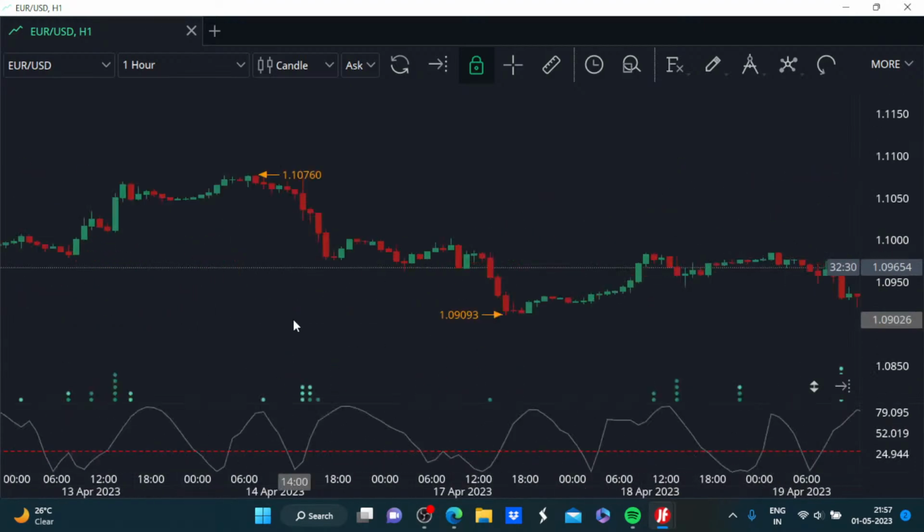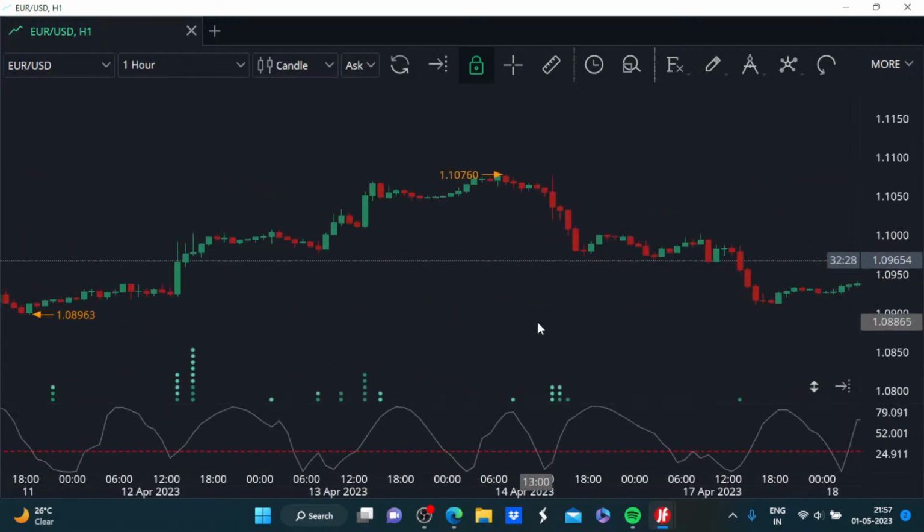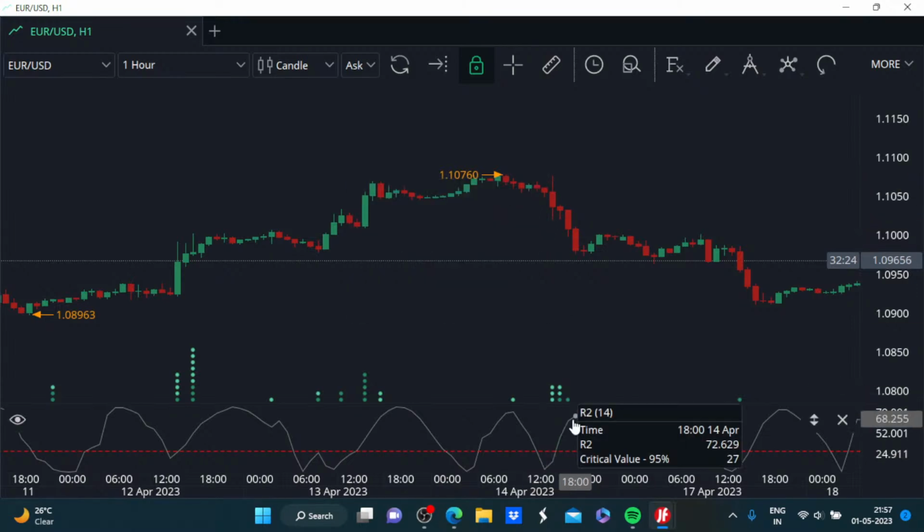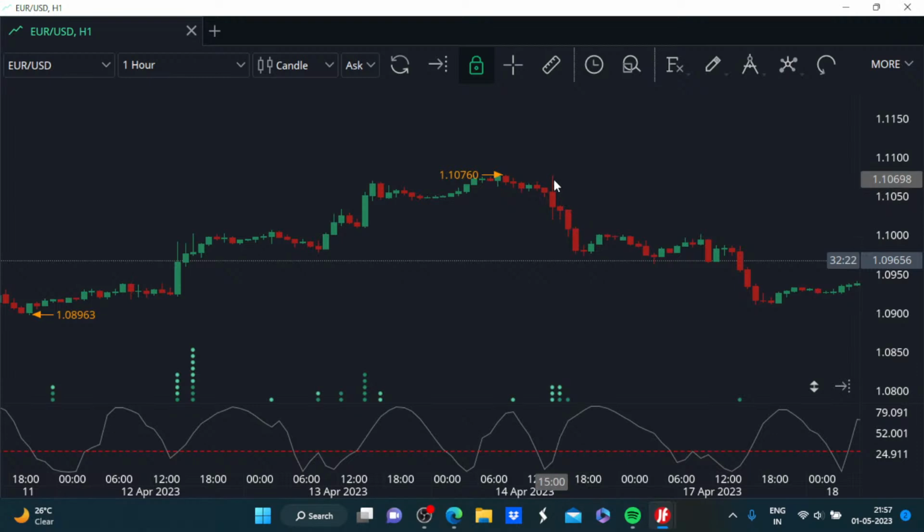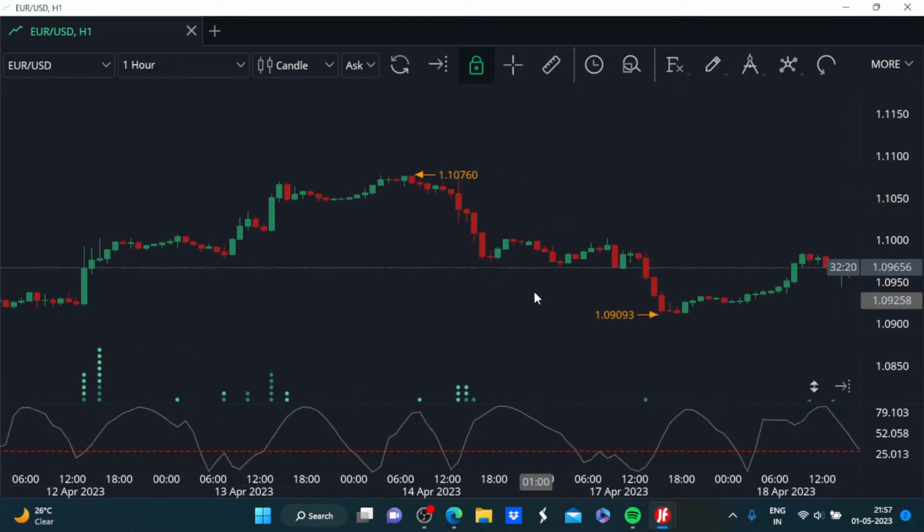Now let us look for some examples where the momentum was strongly bearish and we had this output value on the higher side as we are observing here.